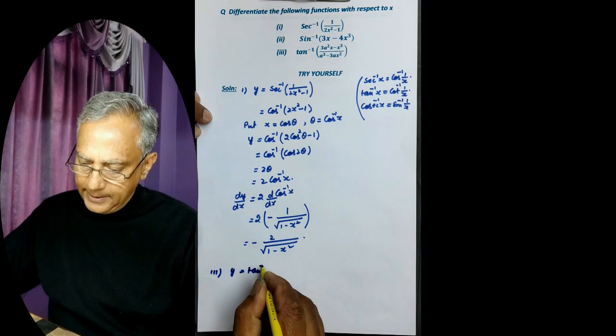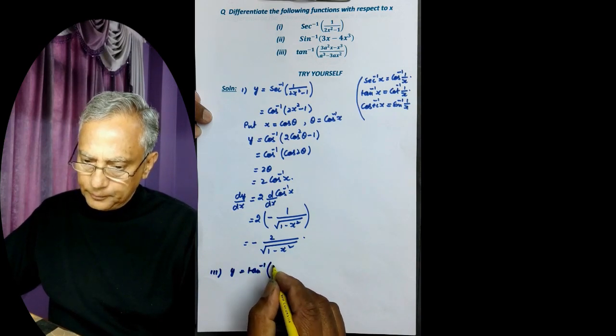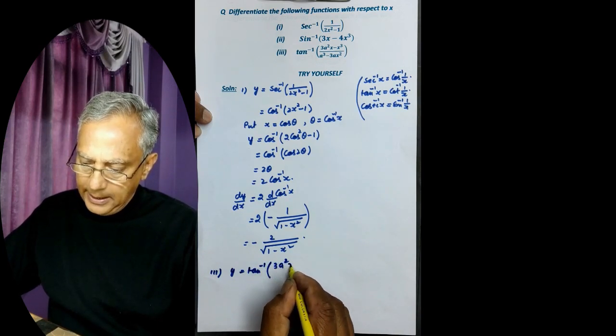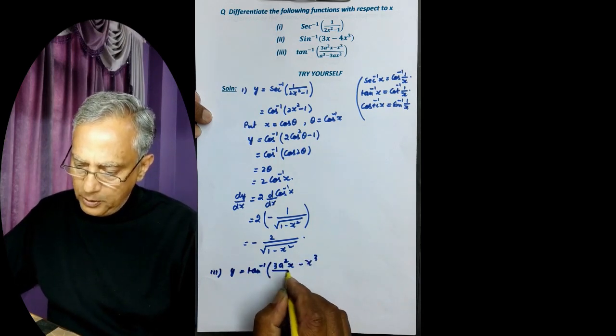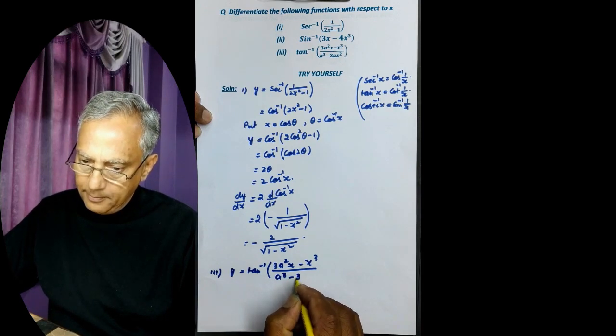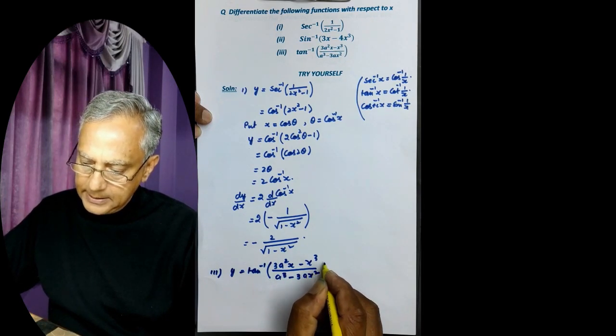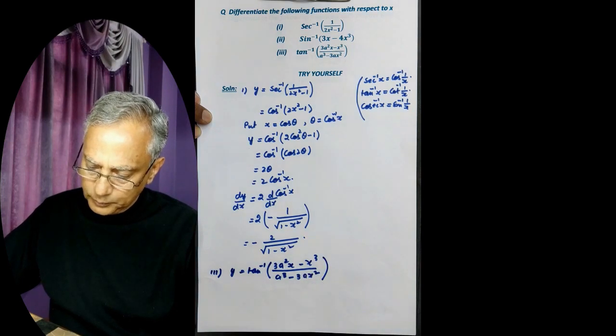Y is equal to tan inverse of 3a square x minus x cube, whole divided by a cube minus 3ax square.